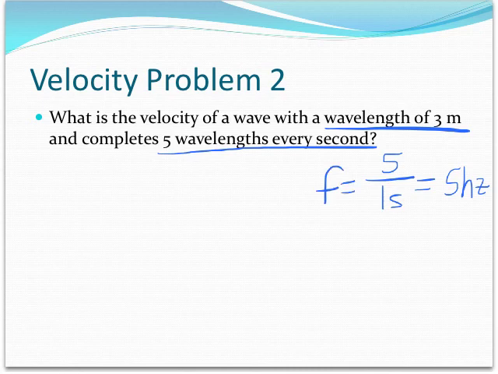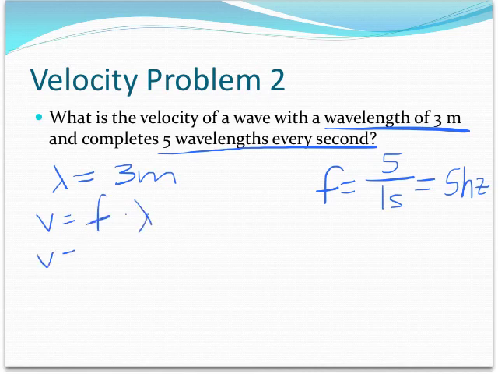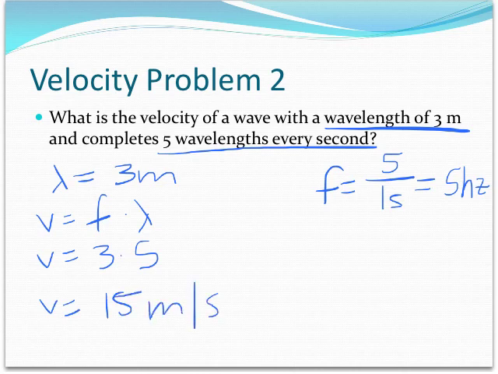And then wavelength is given to us directly. So again, velocity equals frequency times wavelength. So velocity equals 3 times 5, and velocity equals 15 meters per second, right?